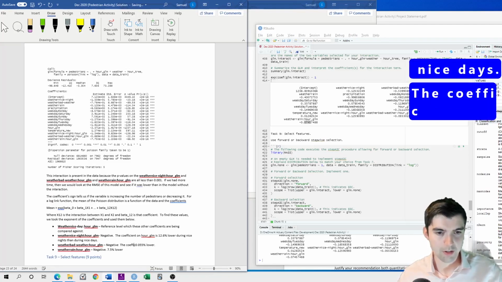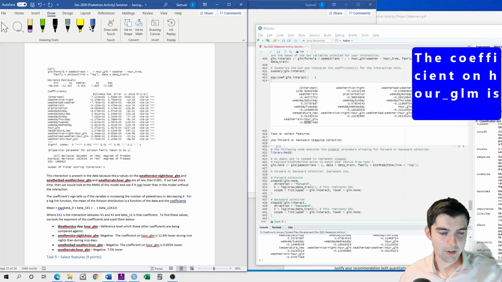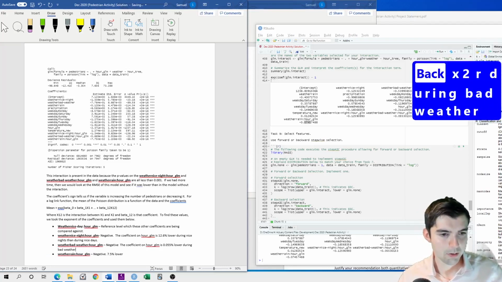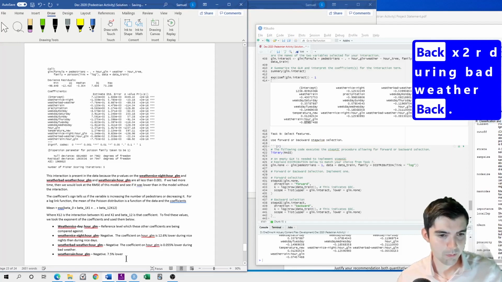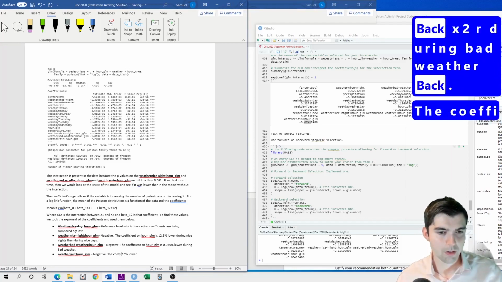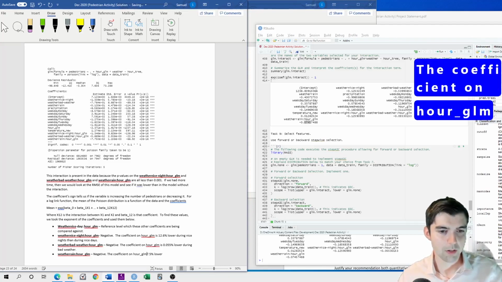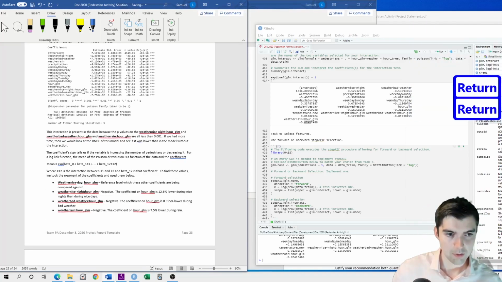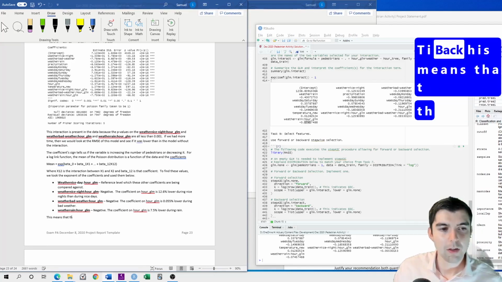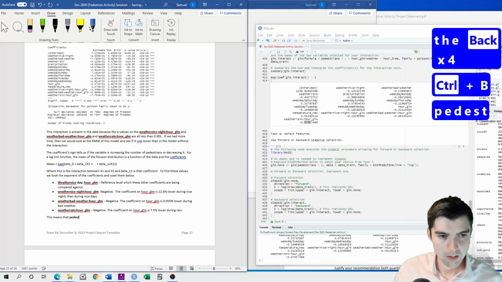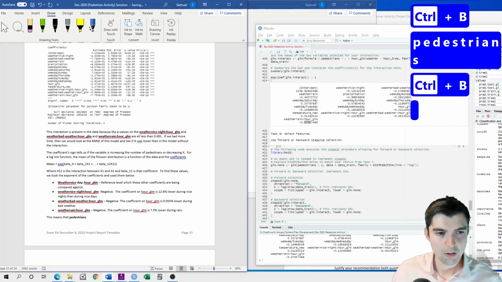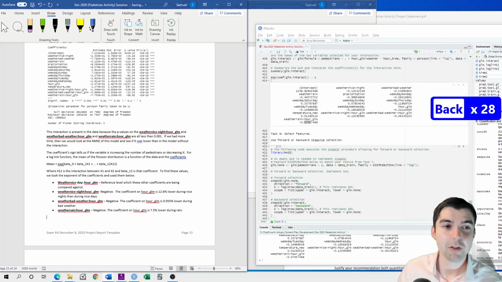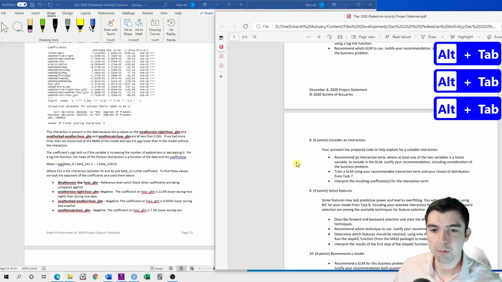The coefficient on our GLM is 0.005% lower during bad weather. The coefficient on our GLM is this percent lower during rain. So this means that the number of pedestrians... let's not try to spend too much time on this because this is just a 6-point question.